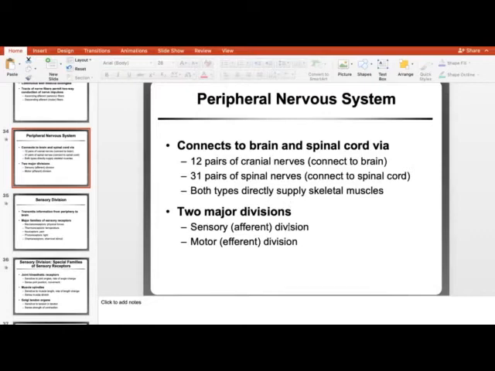There are the sensory nerves and the motor nerves. Sensory nerves are like chemoreceptors, baroreceptors, and pain receptors that are sending information from your skin or from your sweat glands or from your body so that your brain can parcel that information and send out effective motor action potentials through the efferent nerves and allow for motion to occur.